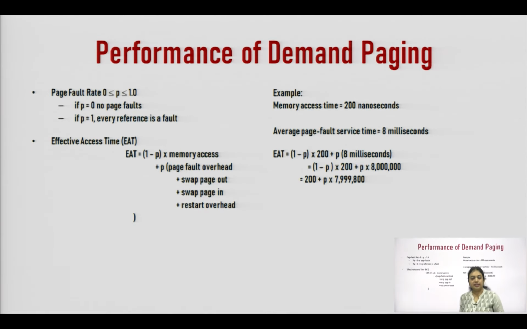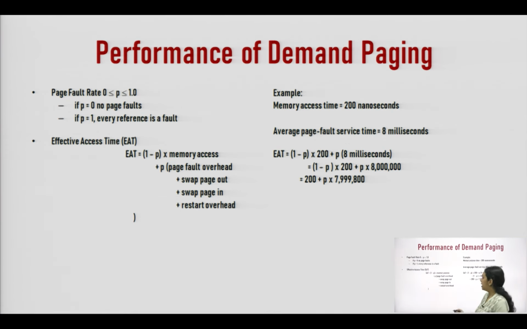Now, then comes the performance of demand paging. Till now we have done what is demand paging, how it is actually done, but now what about the performance? How do we decide that demand paging is giving us a good performance or a bad performance?